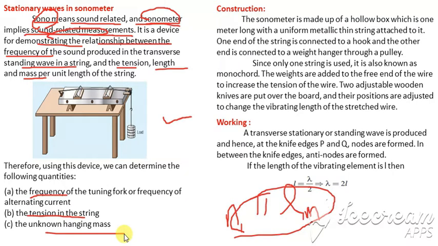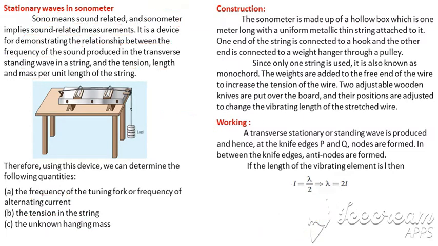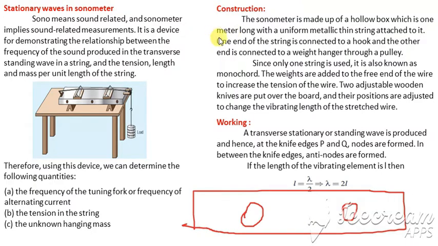Next is the construction. The sonometer is made up of a hollow box, which is 1 meter long, with a uniform thin string attached to it.